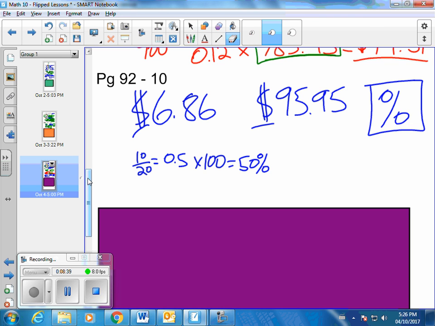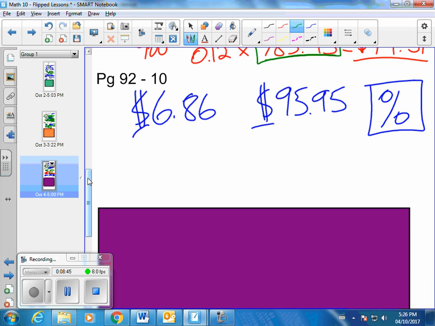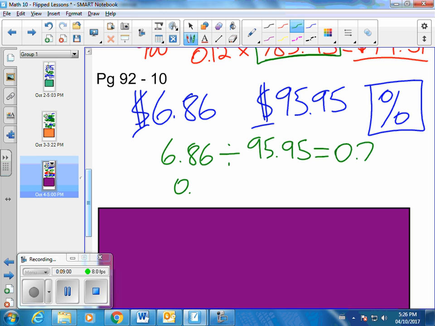We're going to use that same process to figure out exactly how much of a percentage of commission I'm working. So I'm going to go 6.86 divided by 95.95 equals 0.07, which I multiply by 100, and I get 7%.